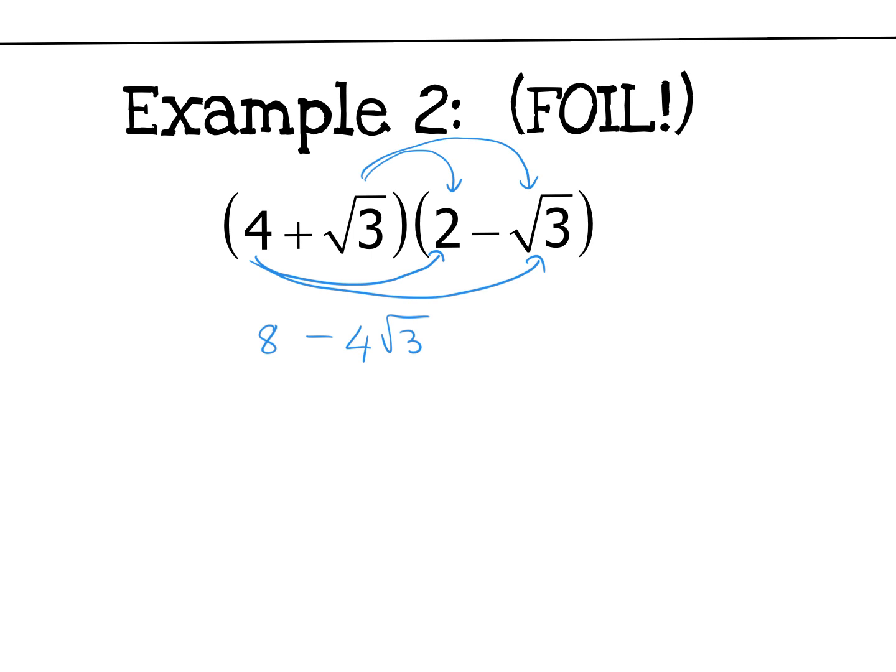And then square root 3 times 2, positive 2 square root 3. And then square root 3 times negative square root 3 will be negative square root 9. And then we simplify. Square root 9 will be 3. And then I have 8 minus 3 will be 5.